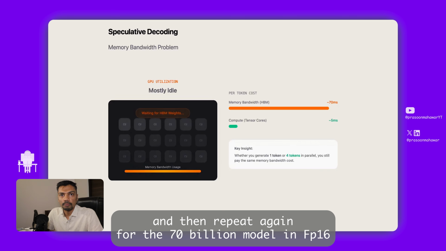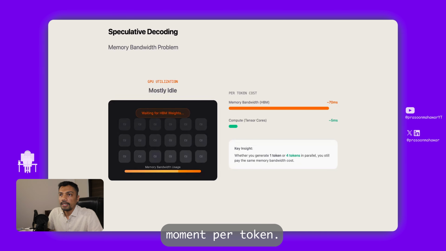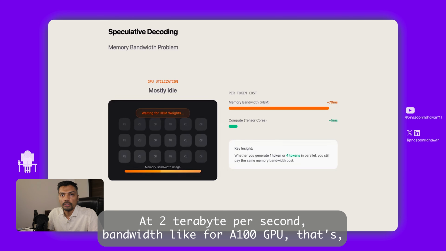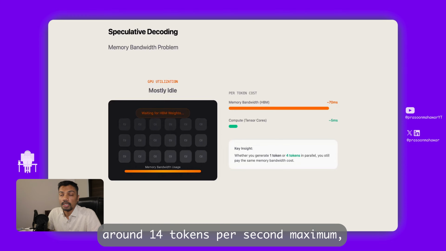For a 70 billion model in FP16, that's around 140 GB of data movement per token. At 2 terabytes per second bandwidth, like for an A100 GPU, that's 70 milliseconds per token just for memory transfers. That's roughly 14 tokens per second maximum, even with perfect compute utilization.